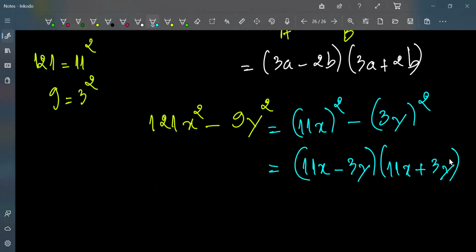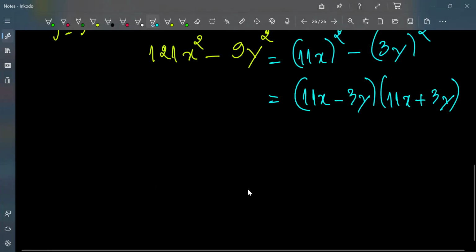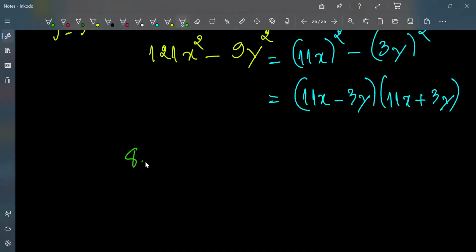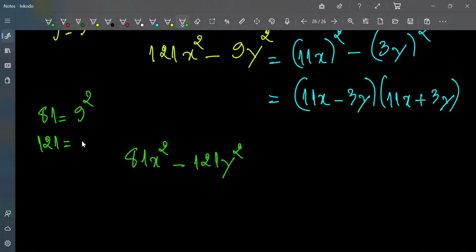So next example. If I have 81x square minus 121y square, 81 we can write as 9 square and 121 we can write as 11 square.